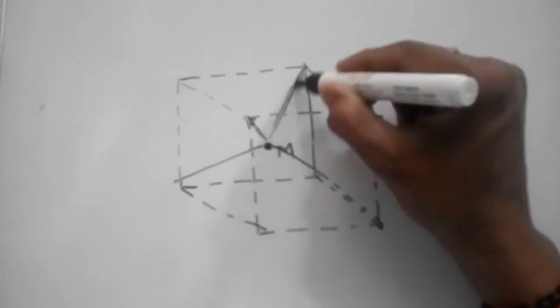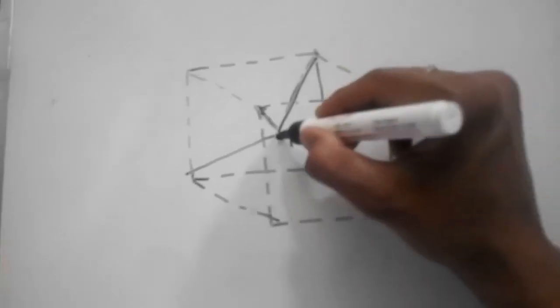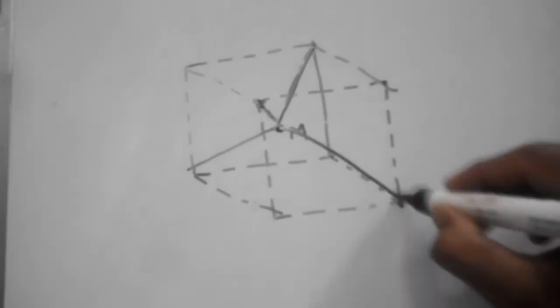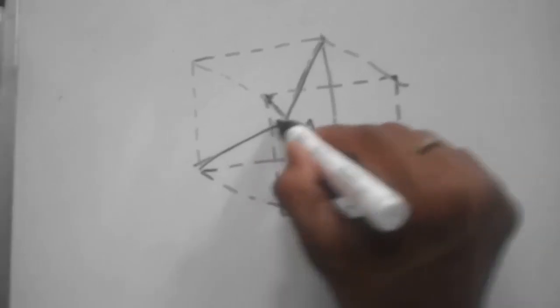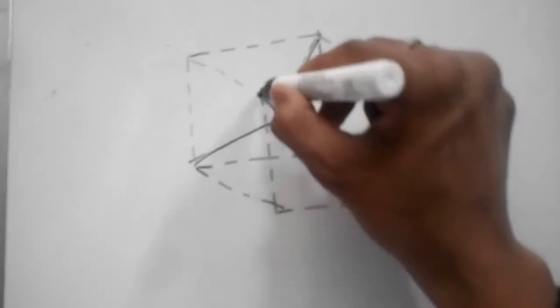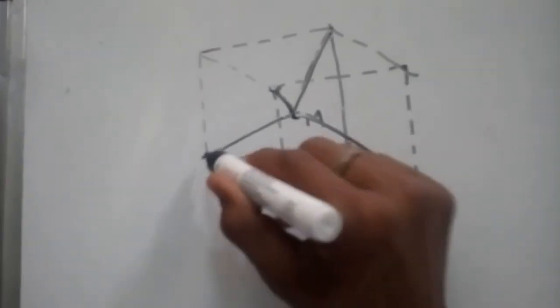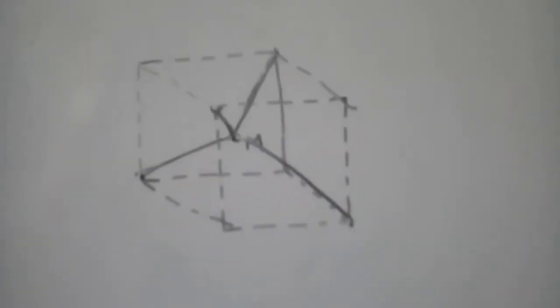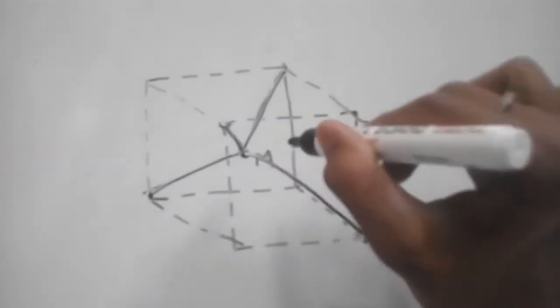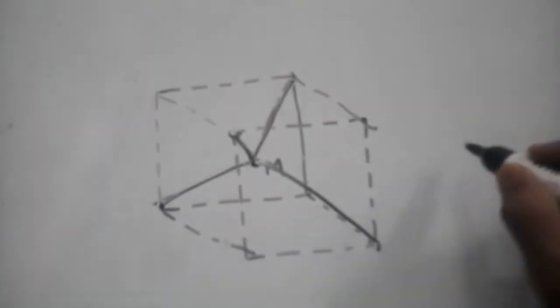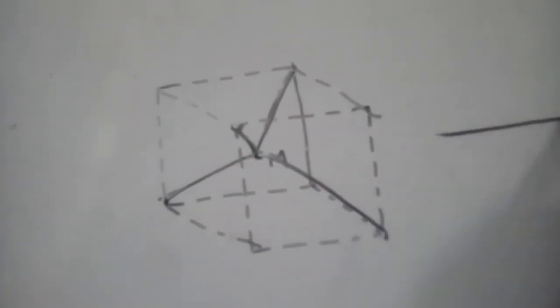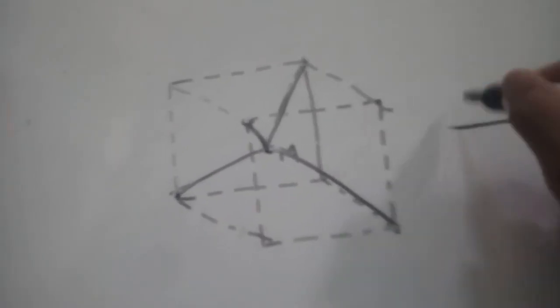These are the four ligands, at four vertices of the cube. Now here the ligands do not approach the metal cation through the direction of the axis.